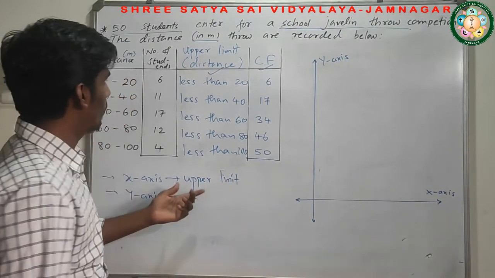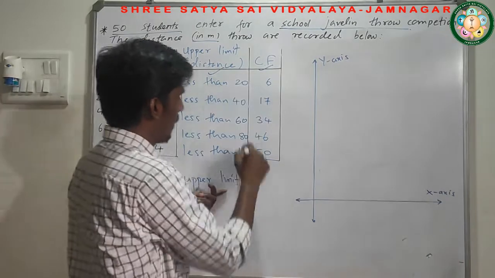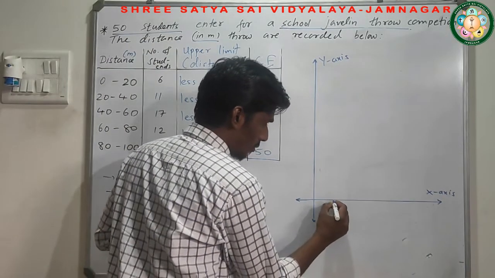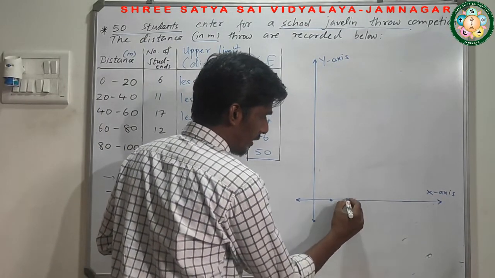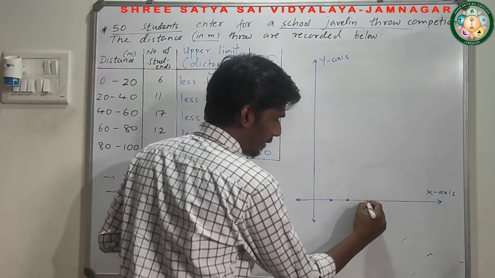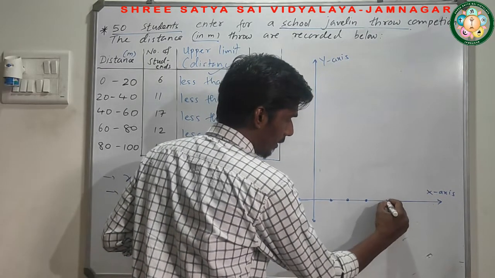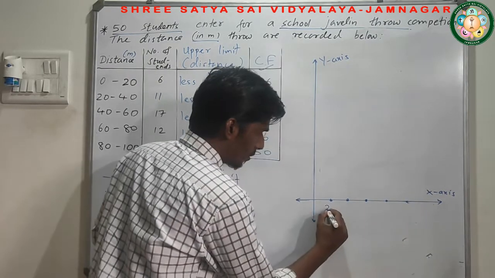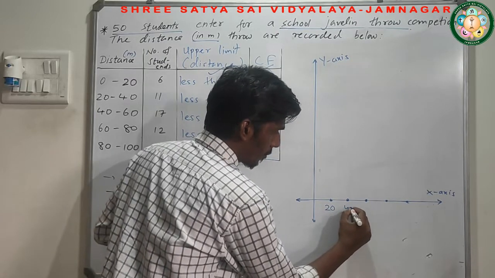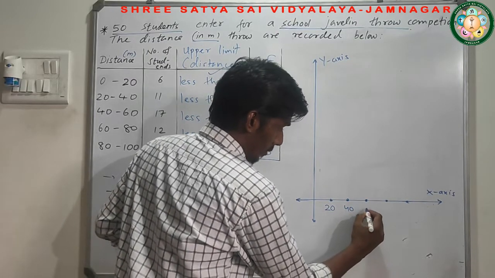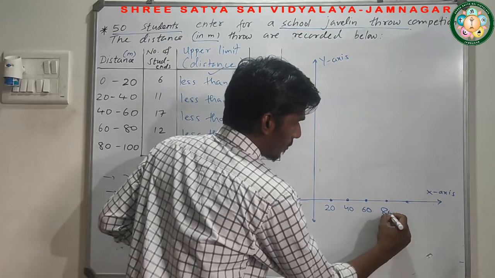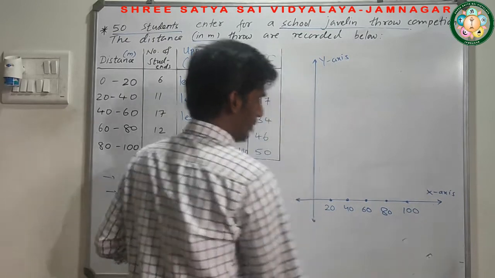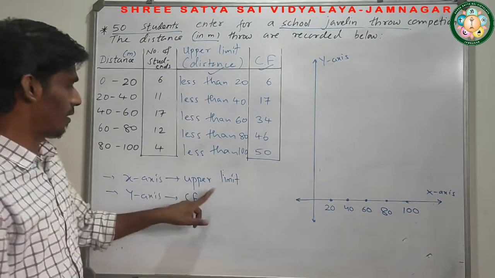Now if I want to plot this upper limit, I'm going to write here 20, 40, 60, 80 and 100. 20, 40, 60, 80 and 100. These are the x-axis upper limits.